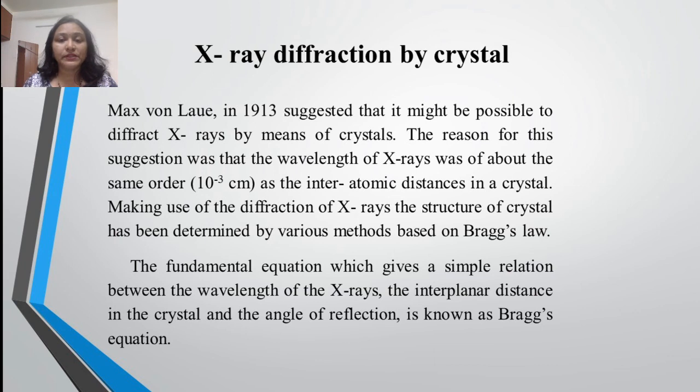Making use of this property of X-rays, the structure of a crystal can be determined by various methods based on Bragg's law. The fundamental equation, known as Bragg's equation, gives a simple relation between the wavelength of X-rays, the interplanar distance in the crystal and the angle of reflection.